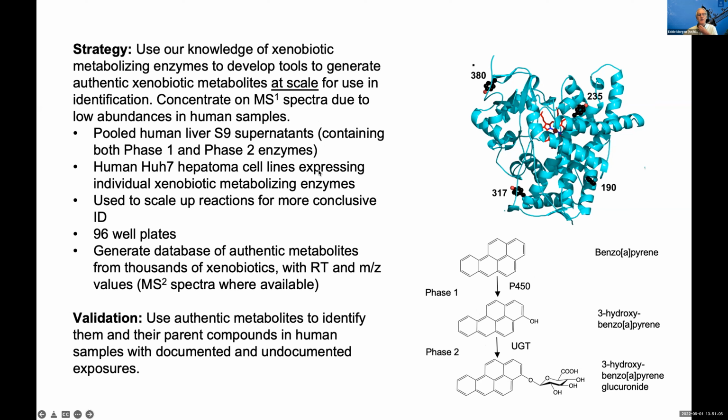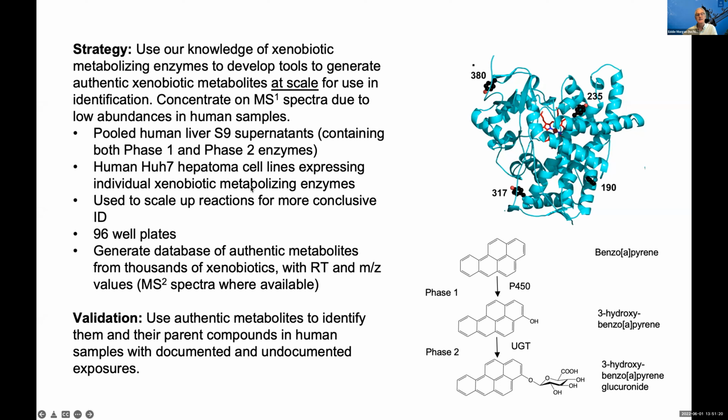And these can be used for production of metabolites that you couldn't detect with S9 supernatants, and to scale up reactions for producing more metabolite for more conclusive ID. We did this in 96 well plates because, as I said, we wanted to do this at scale.